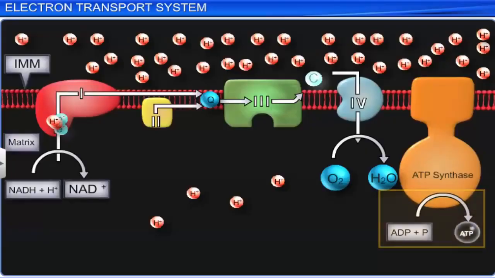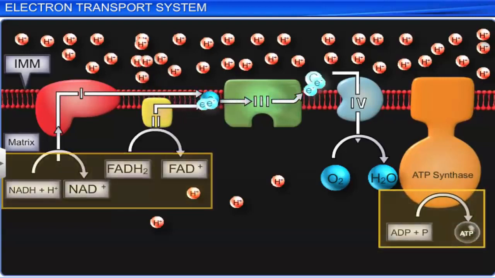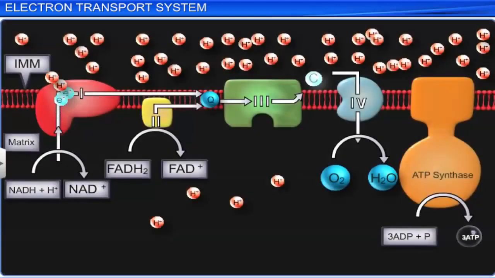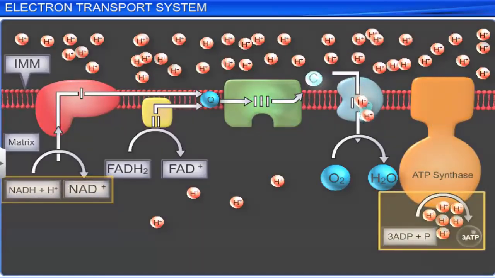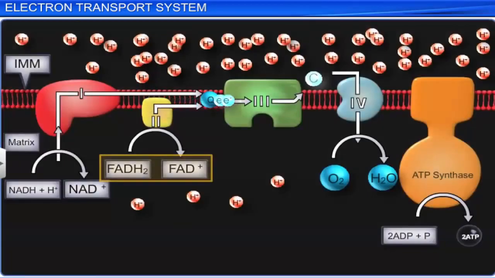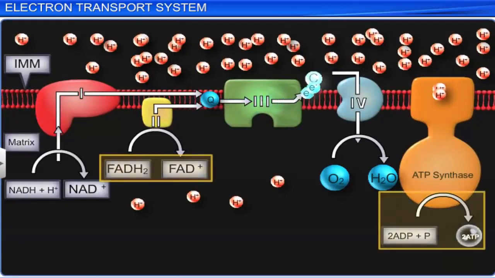The number of ATP molecules synthesized through ATP synthase depends on the nature of the electron donor. For example, oxidation of NADH + H+ results in 3 molecules of ATP, whereas oxidation of FADH2 results in 2 molecules of ATP.